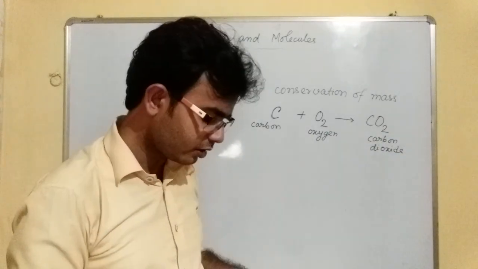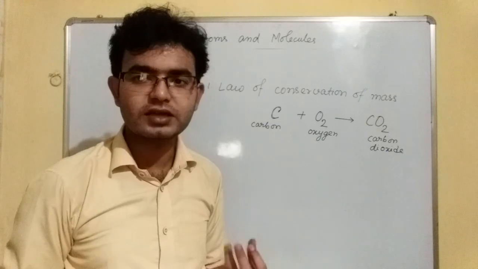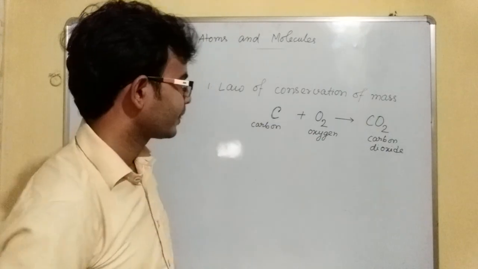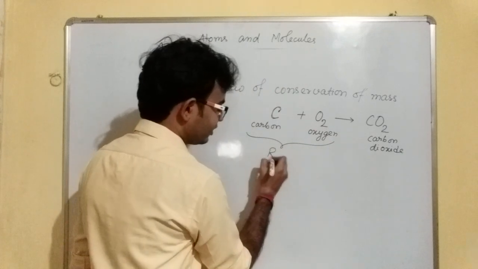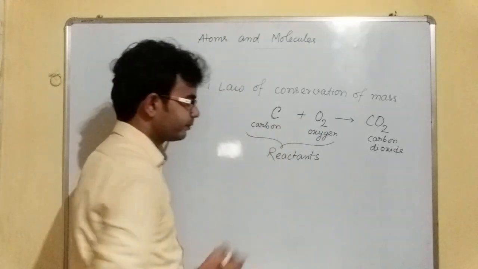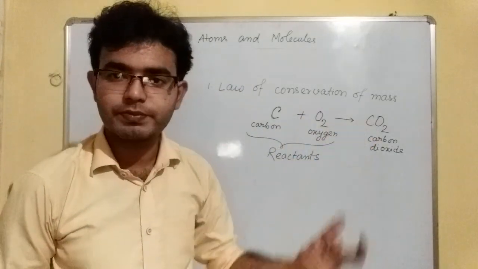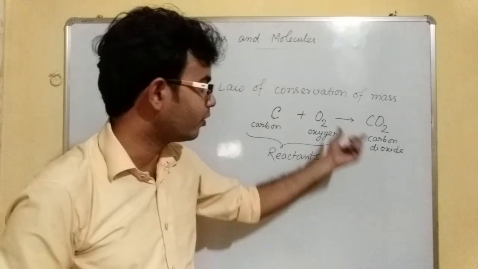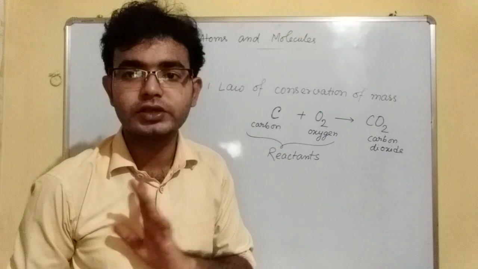Okay, carbon dioxide. This arrow represents the direction of the reaction. This arrow shows in which direction the reaction is moving, who is reacting and who is being produced. Those substances which react are called reactants. Reactants are present at the left side of the arrow, and this representation is called the chemical equation.